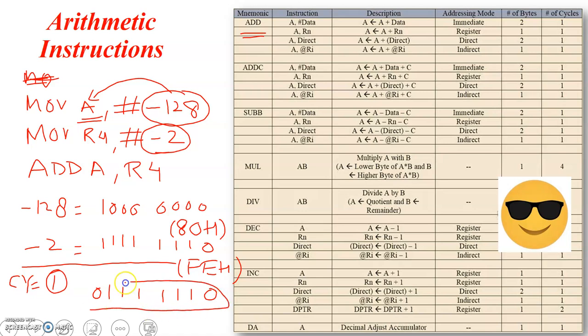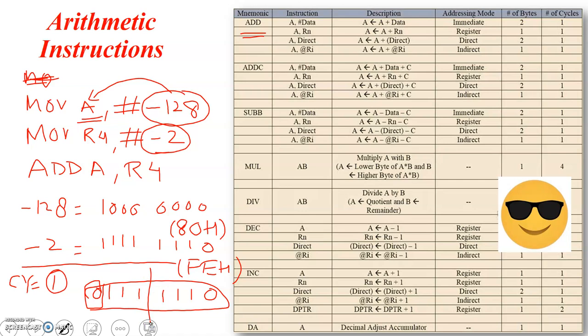So what is this number? As you could see, this is a positive number because 0 is coming here. And what is the number? So you can find it out.